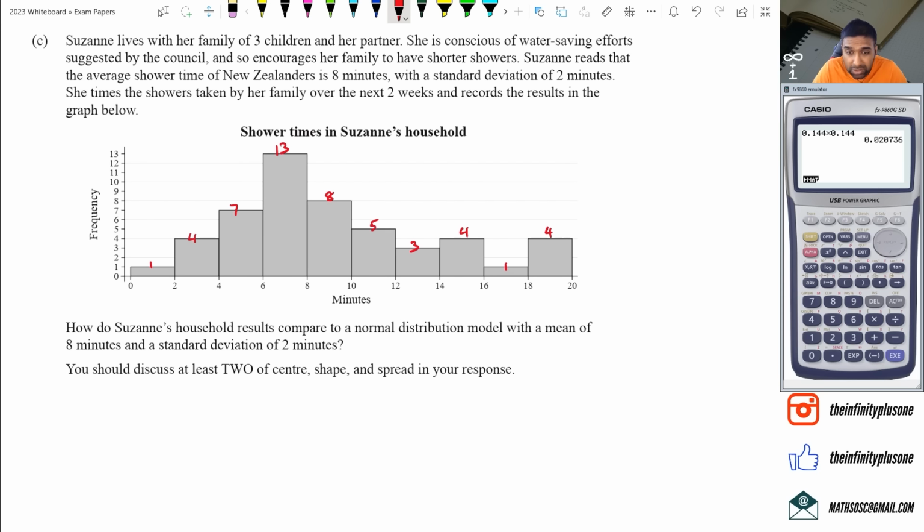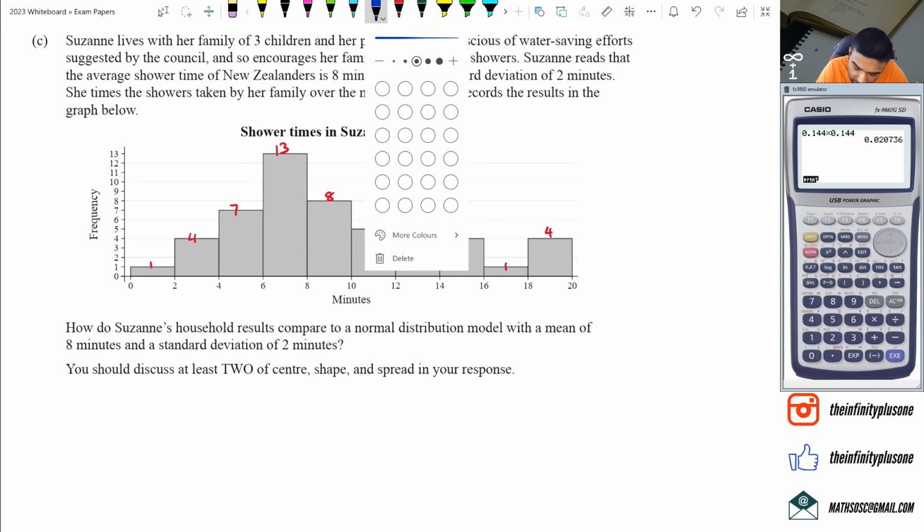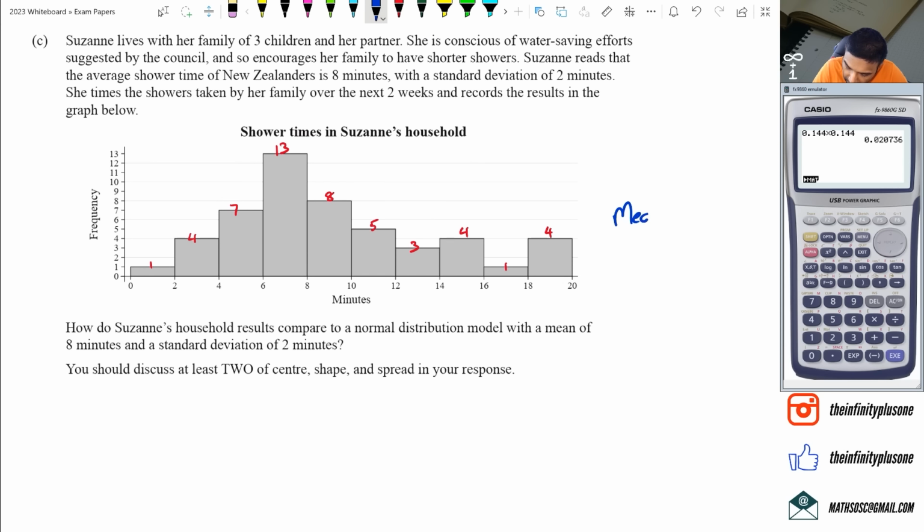When I add that up, I get 50, and I know the median is going to be between 25 and 26. If I go along here, 25 and 26 is at the 8-minute mark. So I can say that the median is approximately 8.